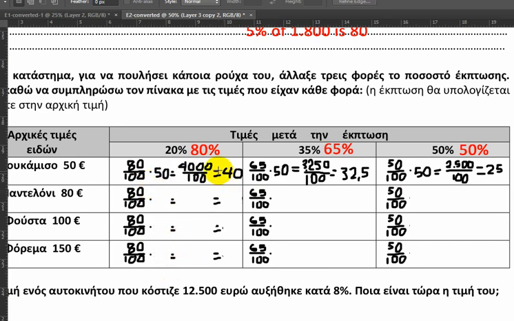Okay, so now I want to find 80% of, in this case, 80. In this case, 100. In this case, 150. So we're going to put those numbers in for each of these. Here it's 80. Here it's 100.